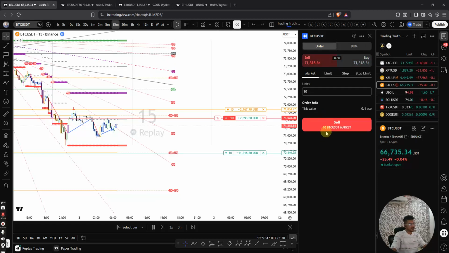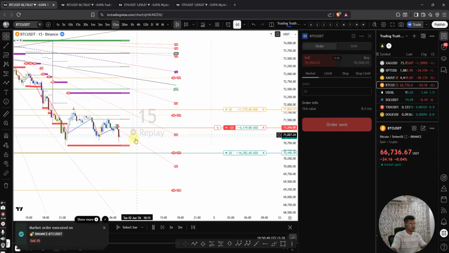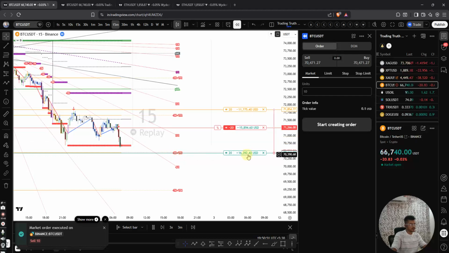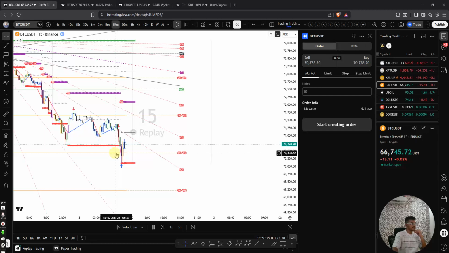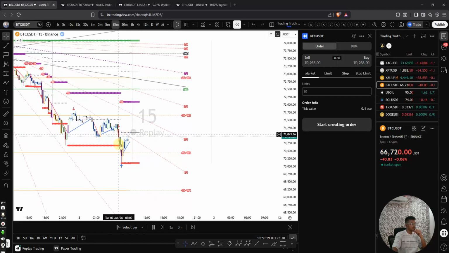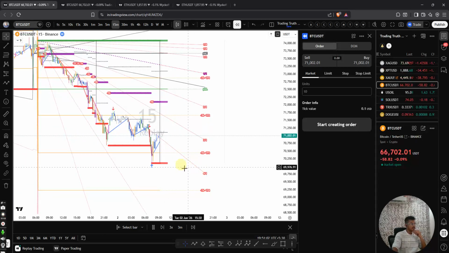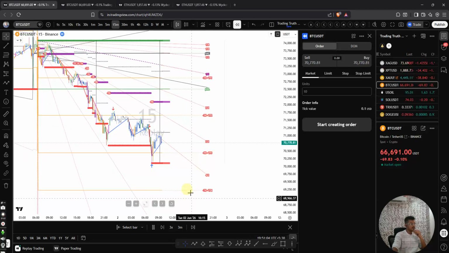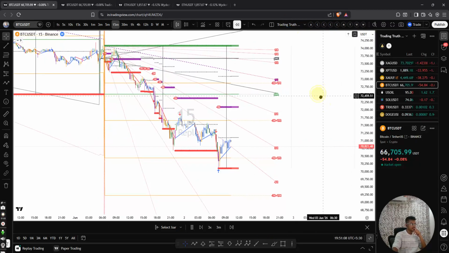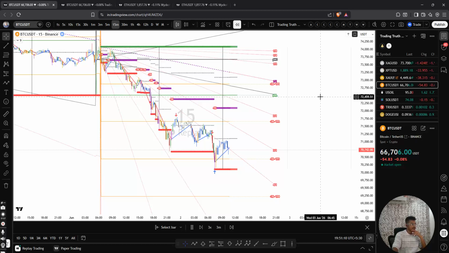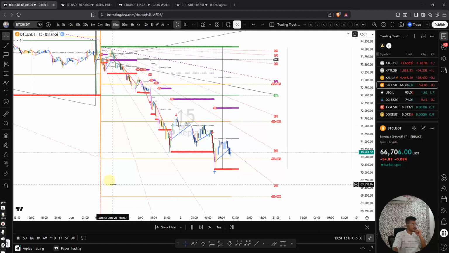So I'll take another short trade there, and that's where my profit target got hit. TP3, a lot of people took profit. We also did. Now, as it comes to the downside, we'll take profit on the TP4, right? So yeah, let's see how it goes.